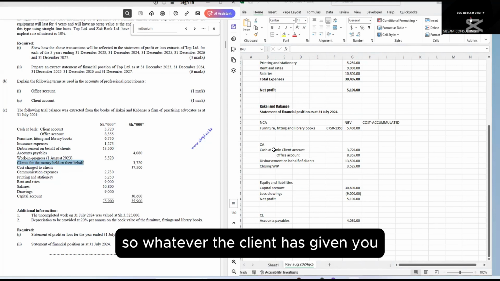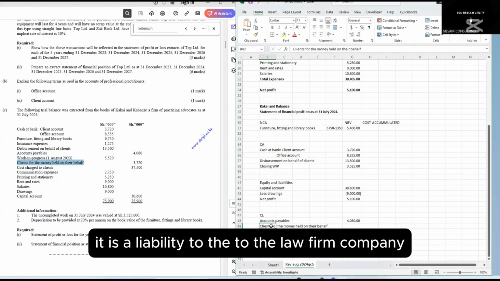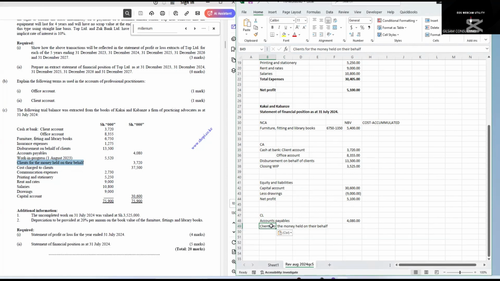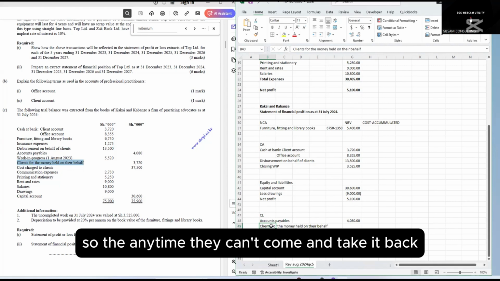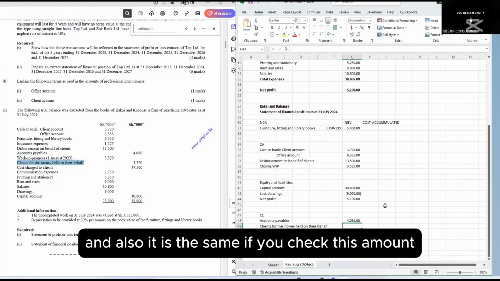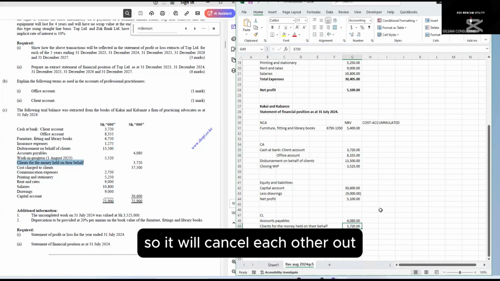Whatever the client has given you to keep on their behalf is a liability to the law firm, because you are keeping money which is not yours. Anytime they can come and take it back, that's why it is a liability. If you check, this amount and this are the same, so they will cancel each other out.